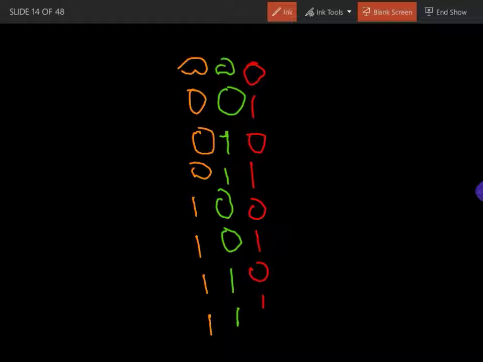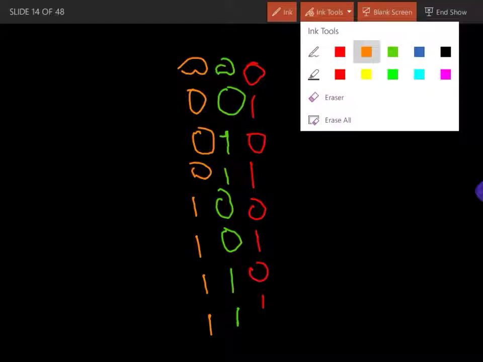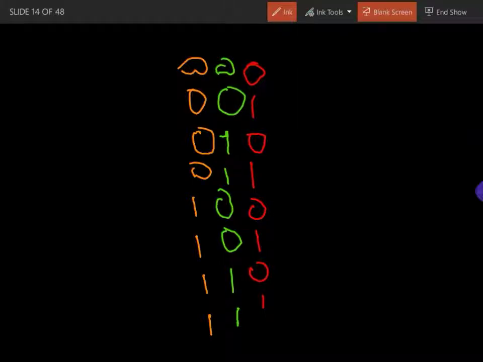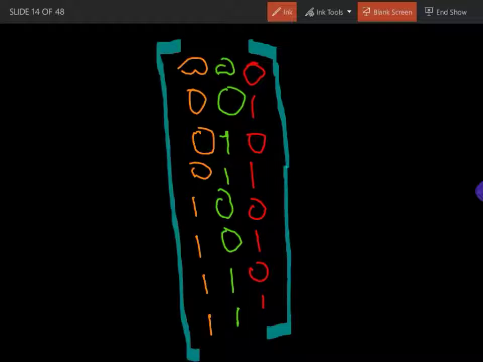So if you see here, the way things are changing is that in the first bit, it's 0, 1, 0, 1, 0, 1, 0, 1. For the second bit, it's changing every 2. And then for the third bit, it's changing every 4.